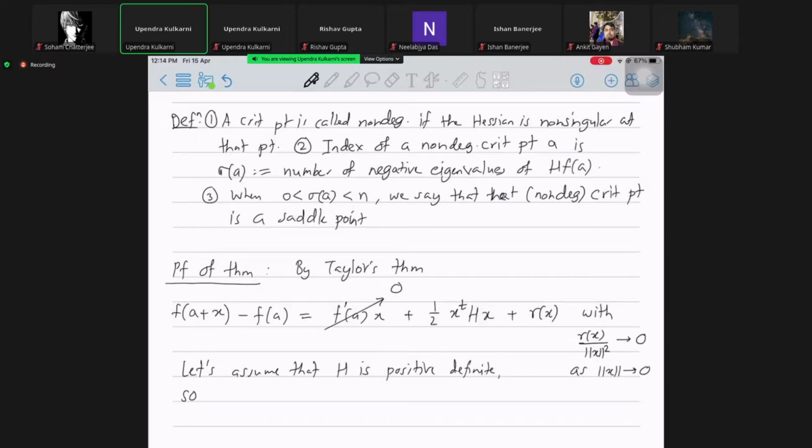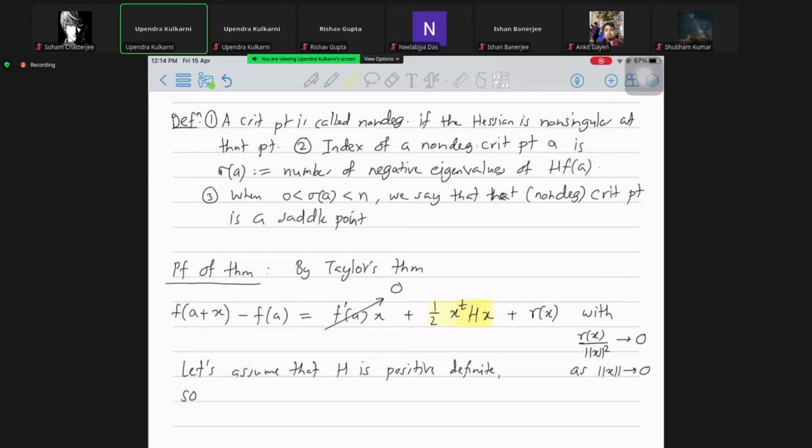All eigenvalues are strictly positive. And so what did we see as a result about this quantity, x transpose hx? It is strictly greater than 0, as long as x is non-zero.